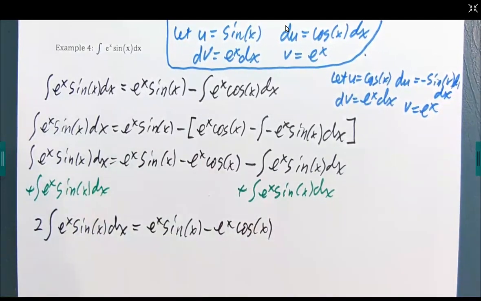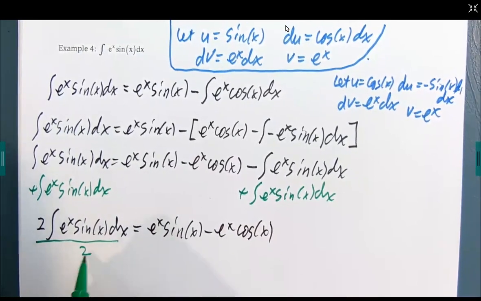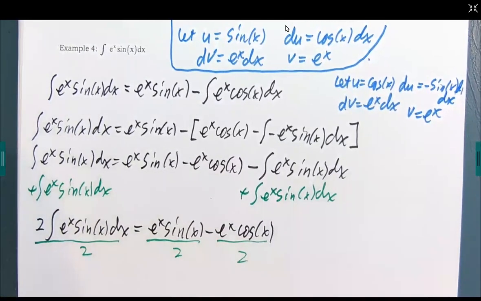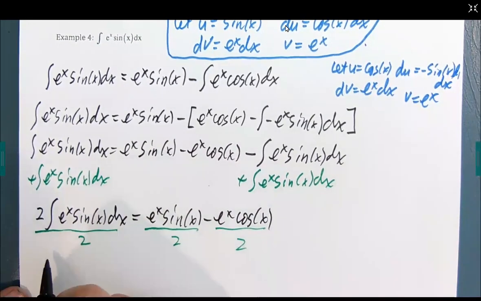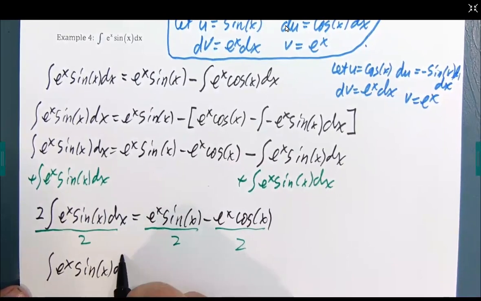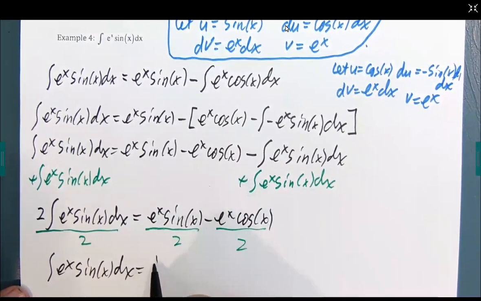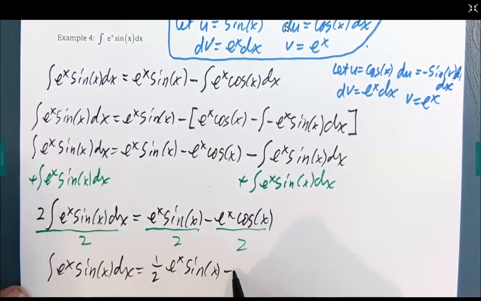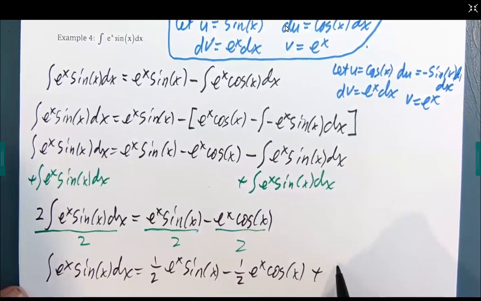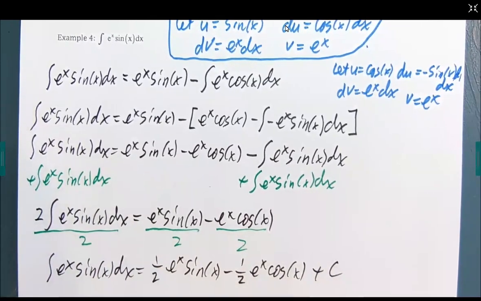And now I'm going to divide both sides by 2. Giving us our answer. So the integral of e to the x sine x dx is going to be 1/2 e to the x sine x minus 1/2 e to the x cosine x plus our arbitrary constant.